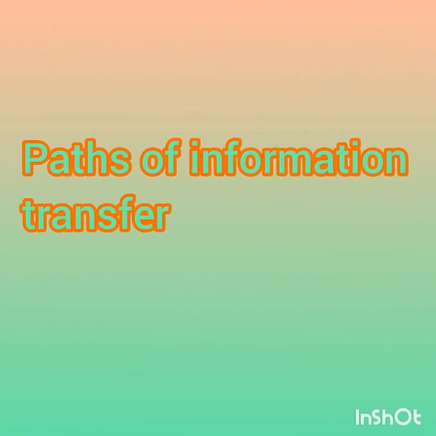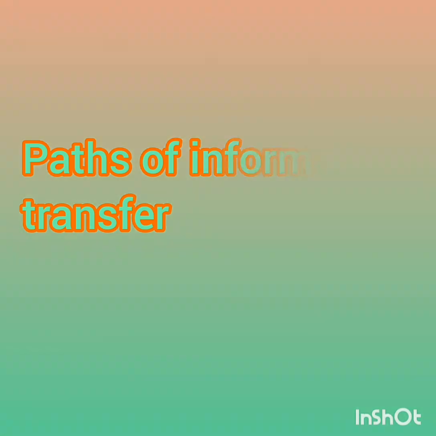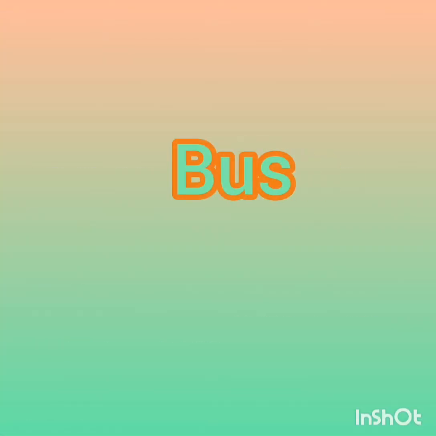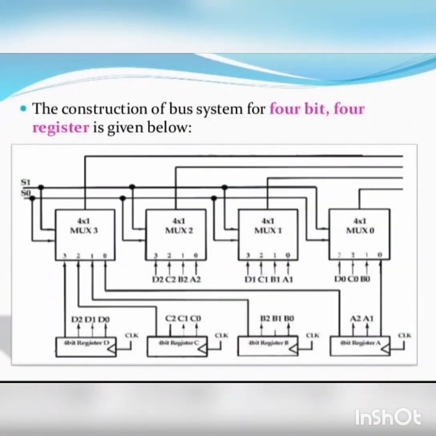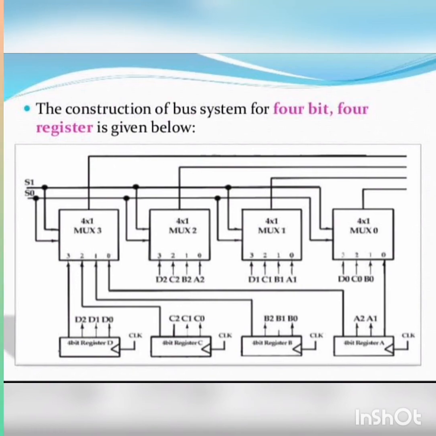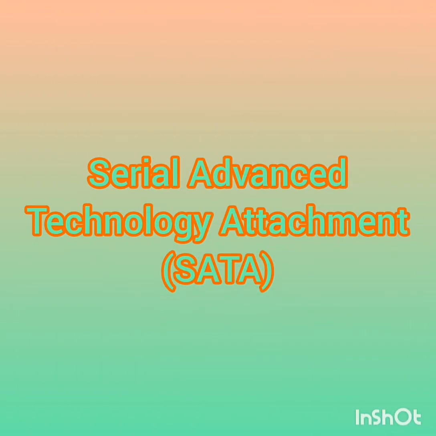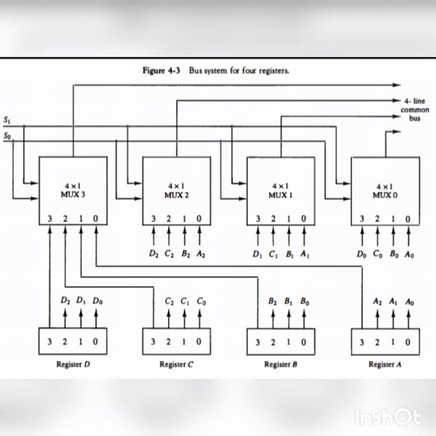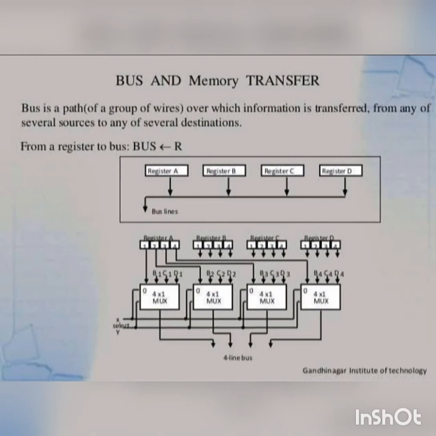Paths of information transfer. The paths used to transfer information between computers or between the components in the computer are called bus. Nowadays, Serial Advanced Technology Attachment or SATA cables are used to connect the DVD drive and hard disk drive to the motherboard. This helps for speedy transfer of information.